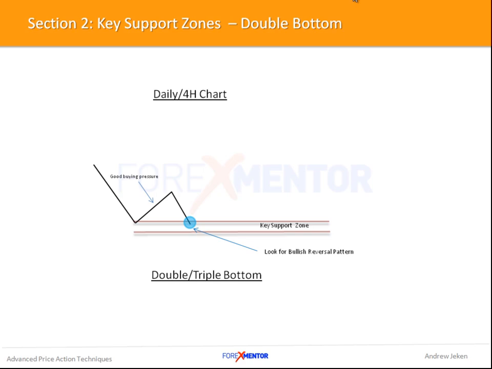So this is your double bottom, and we're looking for price to rally, showing some decent buying pressure. You can see a new high is made right here. This high is taken out. Price then drives lower again, and once again it's at this level that we're looking for a bullish reversal pattern to buy. Once again, new buying pressure comes in and we take out the highs.